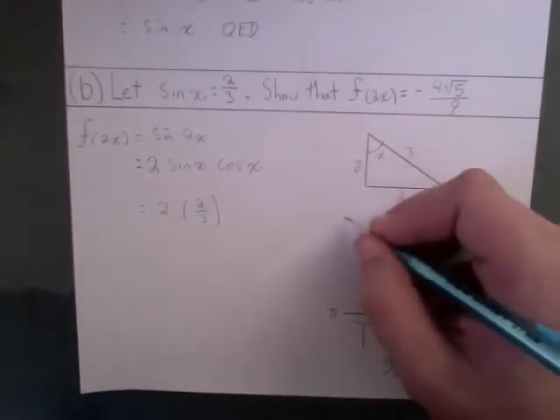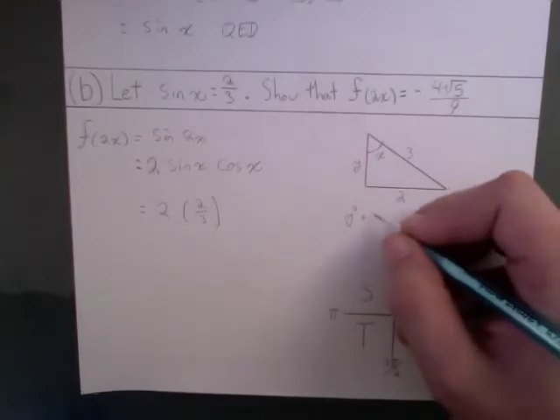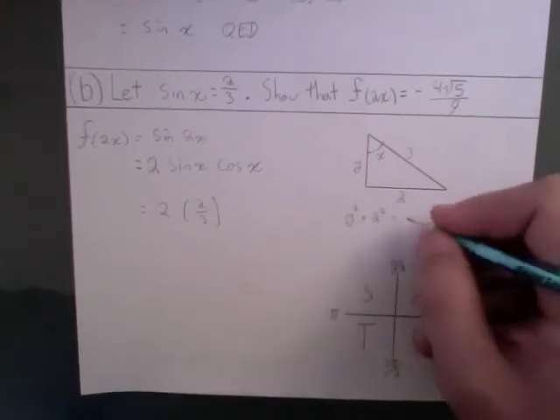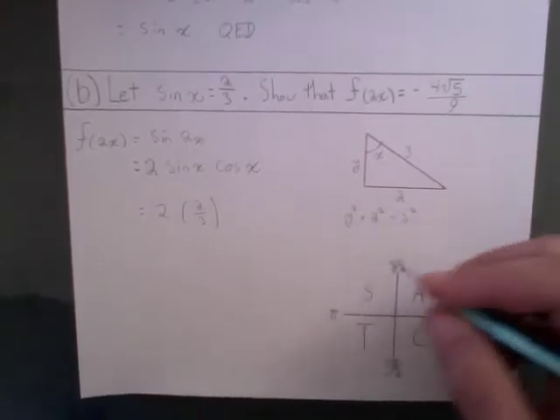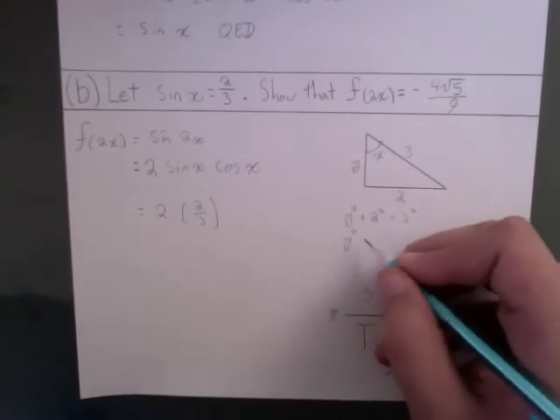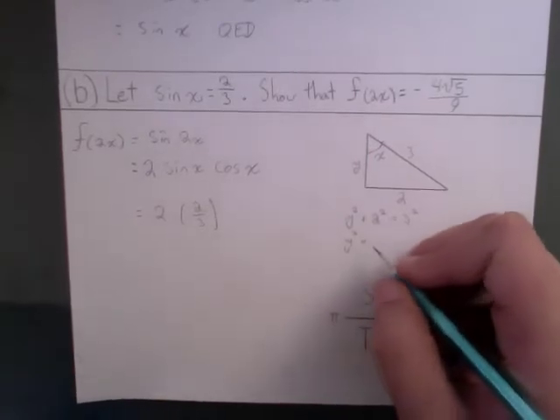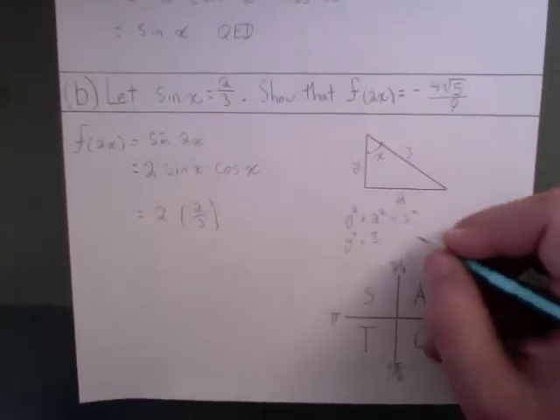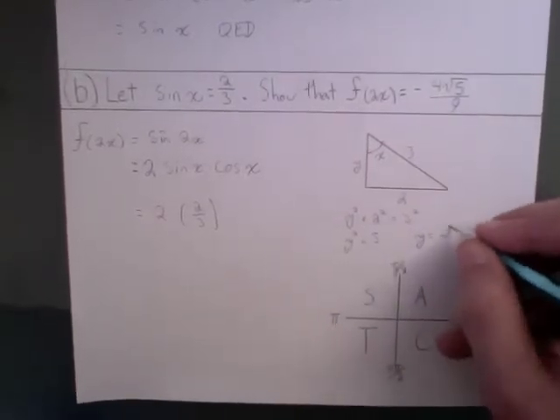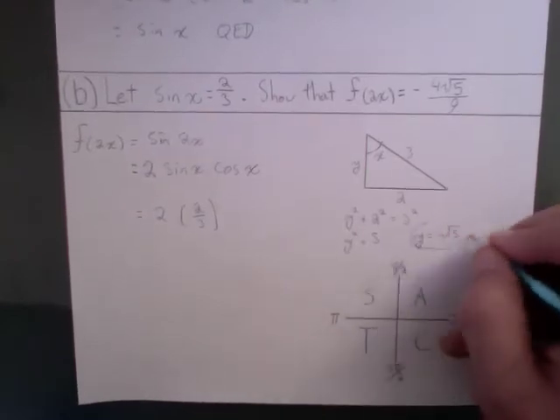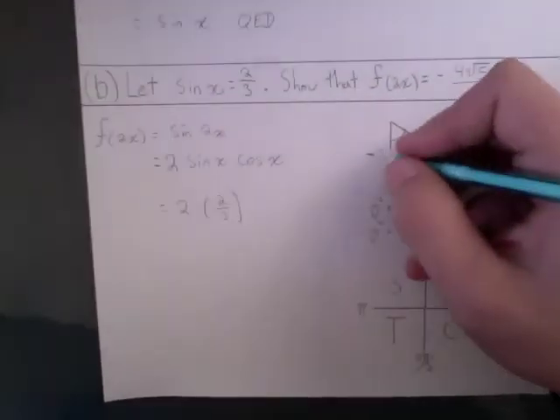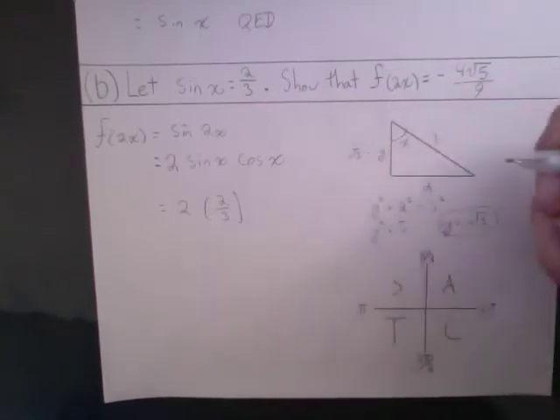So y squared plus 2 squared will equal 3 squared. Solving for y, y squared equals 9 minus 4, which is 5. So we have y equals root 5.